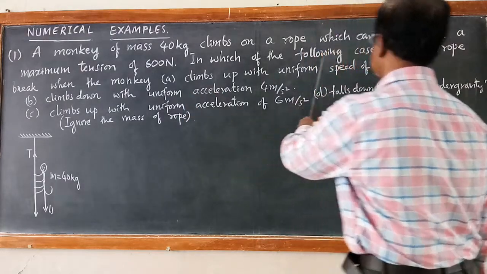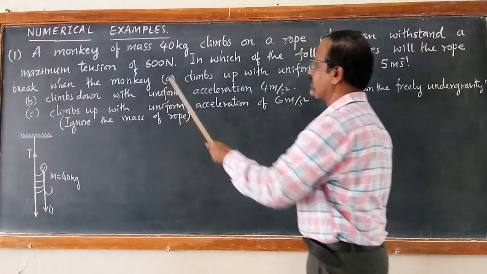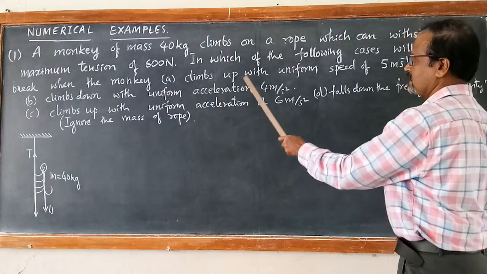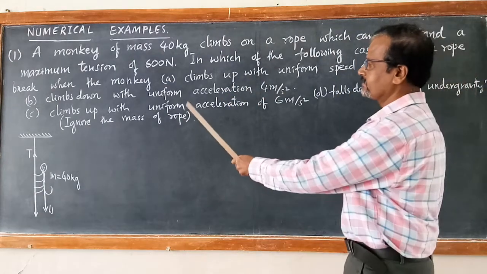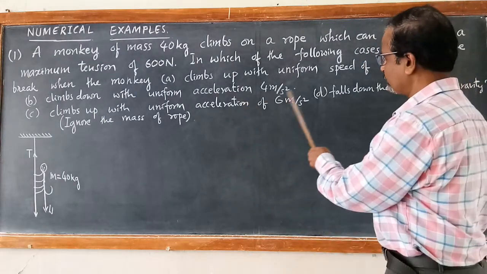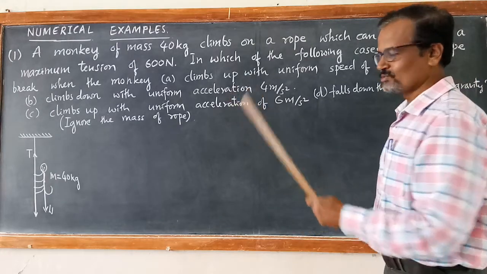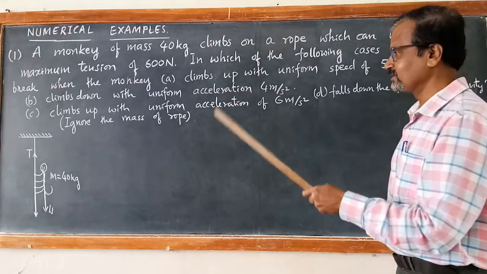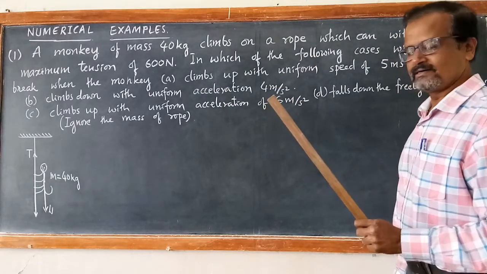So in which case will the rope break? First case: when the monkey climbs up with a uniform speed of 5 meters per second. Second, when the monkey climbs down with a uniform acceleration of 4 meters per second squared. The third case, when the monkey again climbs up with a uniform acceleration of 6 meters per second squared.